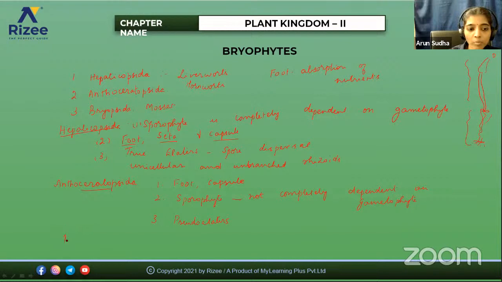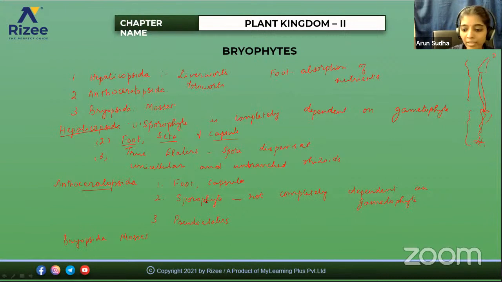Then comes Bryopsida, or mosses. So here the main example is Funaria, and here also the sporophyte is not completely dependent on gametophyte. That is for photosynthesis, the sporophyte can photosynthesize, but it depends on the gametophyte for some of the nutrients.